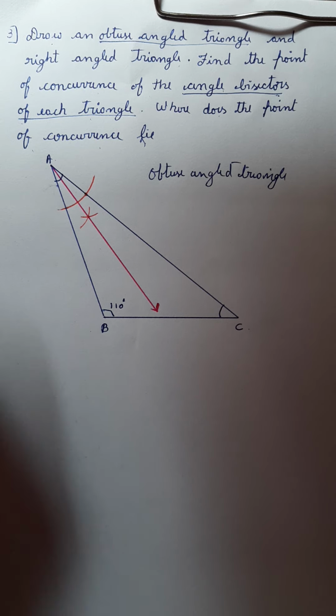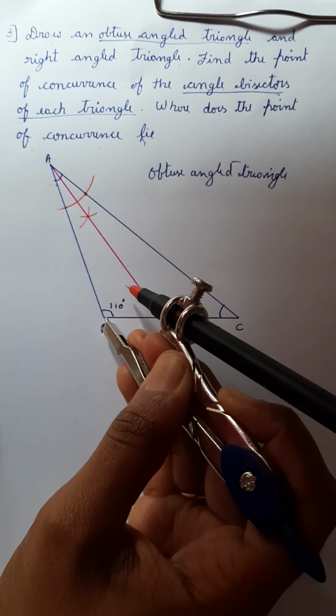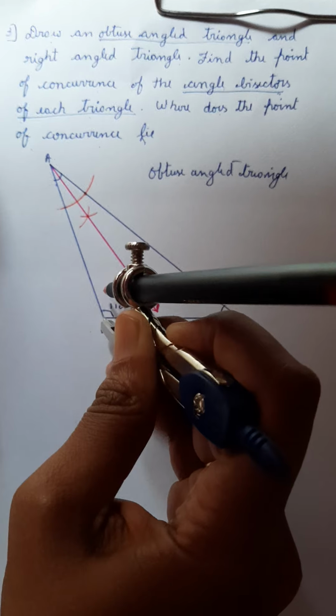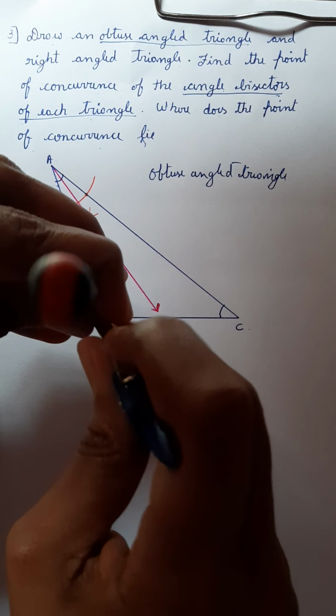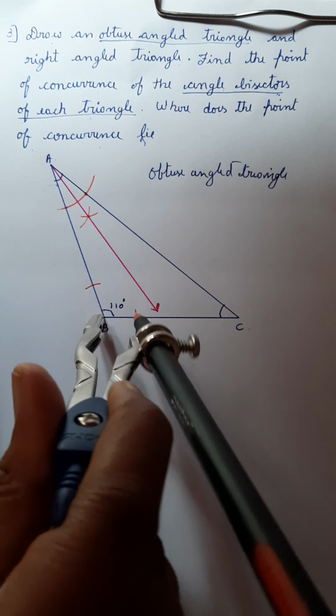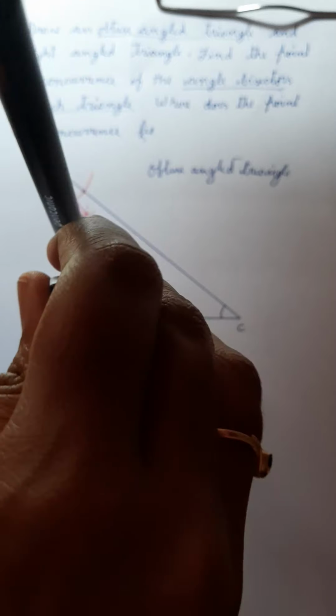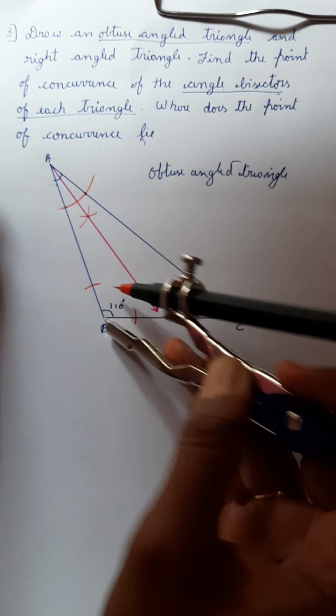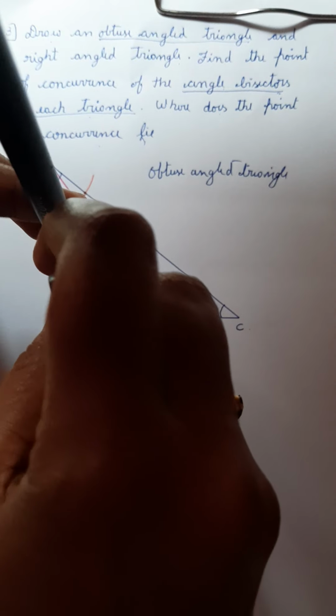Similarly, draw the bisector of B. Take one small arc and cut angle B. Don't disturb the arc here.